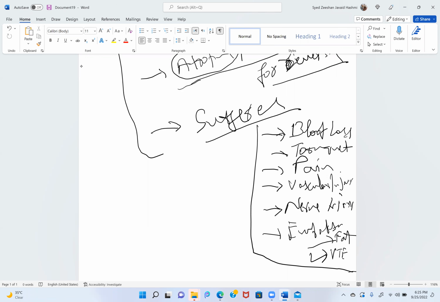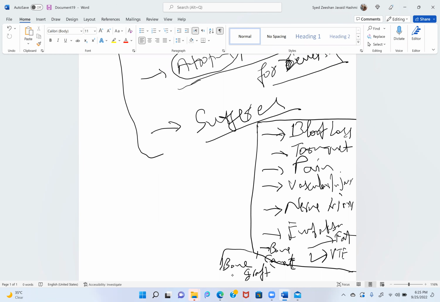Usually these are the things which will be there in any other patient. Tourniquet, bleeding, pain, vascular injury, nerve injury, embolism, and bone cement in specific orthopedic procedures. Sometimes they are taking bone grafts. For that bone graft, it will usually be from a site other than the surgical site.